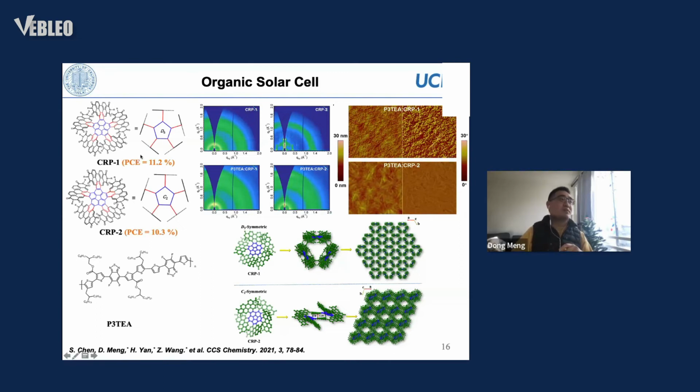This is why CRP1 has the better morphologies. So this is the solar cells part.